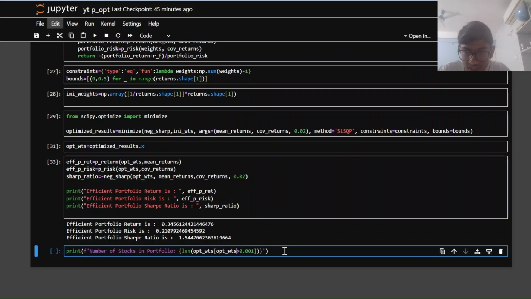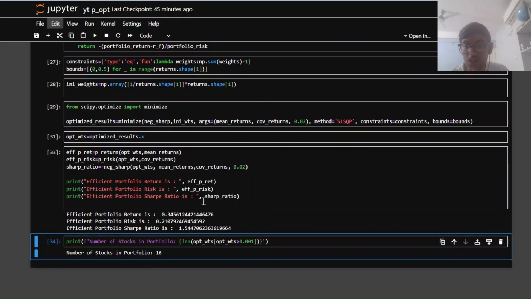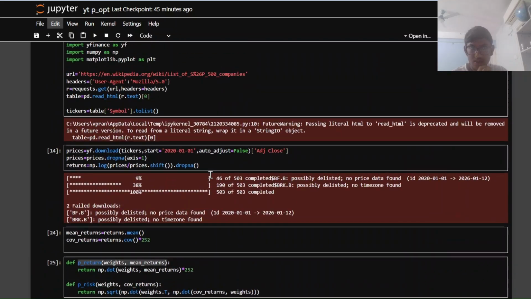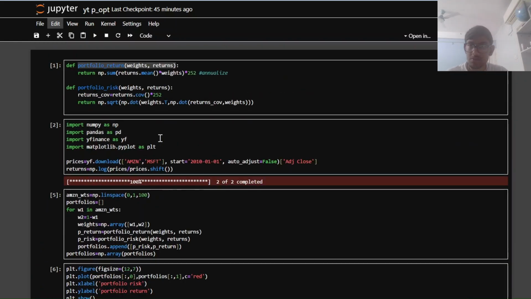And let's see how many stocks there are which have more than 0.1% allocation. So there are 16 stocks in our portfolio which have an allocation of more than 0.1. So this is the implementation for portfolio optimization by seeing which portfolio has the highest Sharpe ratio. And we have also covered a little bit of modern portfolio theory over here.